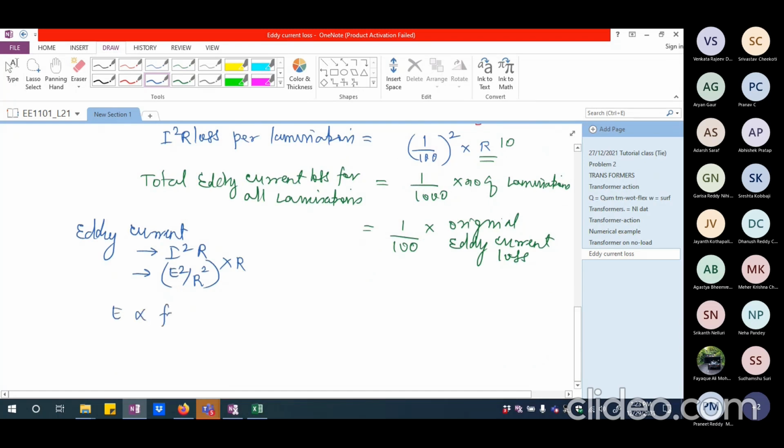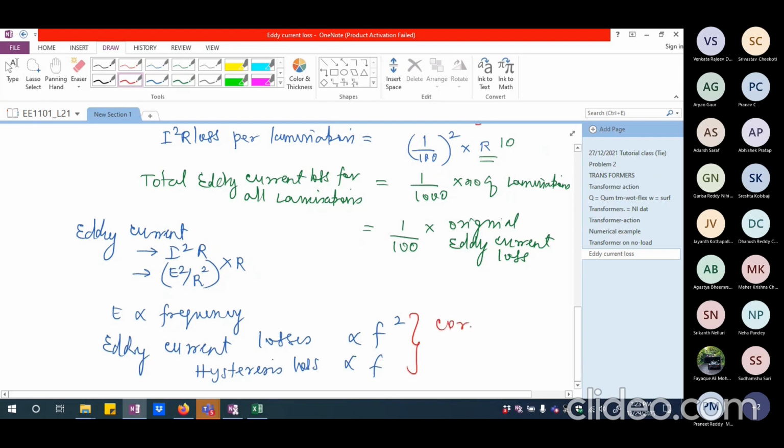Because E is proportional to frequency, you can say eddy current losses are proportional to frequency square, whereas hysteresis loss is going to be proportional to frequency. And both these components put together, we call them as core loss or iron loss, because this is due to the ferromagnetic core.